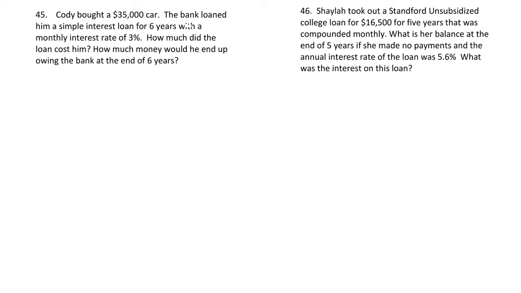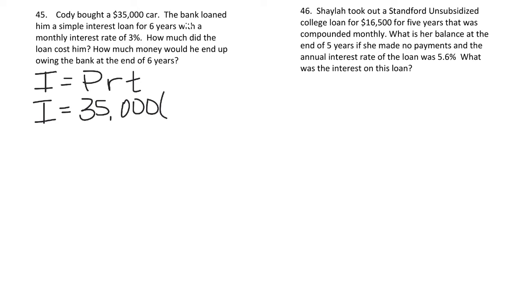So his initial amount, remember our simple interest equation is interest is the principal times the rate times the time. And then we can add that to how much the car was. So the interest is the $35,000 times the rate, 0.03, times the time, 6 years.